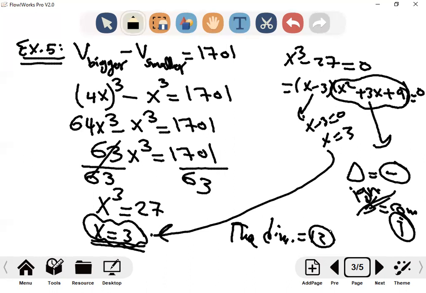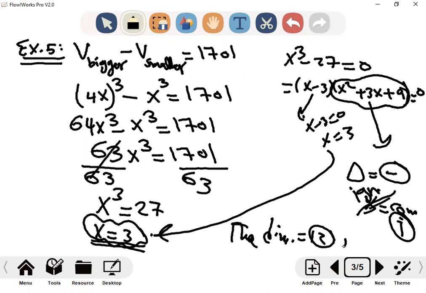This is for the bigger cube. The smaller cube is x by x by x, right? But what's x? 3. So the dimension of the smaller cube is 3. The dimension of the bigger cube is 12. Do you understand that?